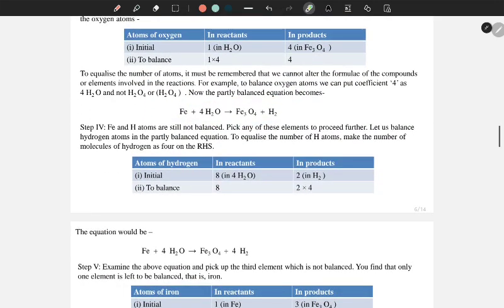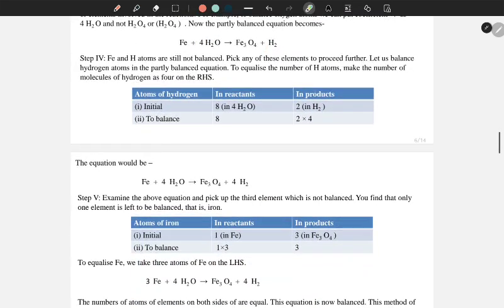On the left hand side, how many hydrogen are there? 8, as you can see, 4 into 2 is 8. So 8 hydrogen on the reactant side, and on the product side there are only 2 hydrogen, right? To get 8, we have to add 4 here, so that 4 2s are 8. On the reactant side it is already 8, so on the product side we have to add 4 here.